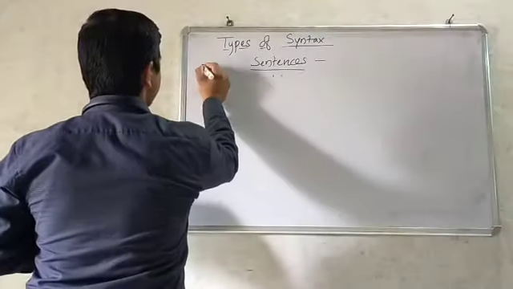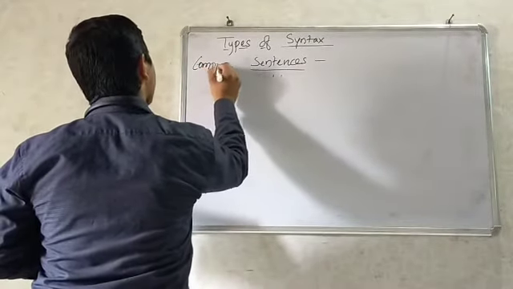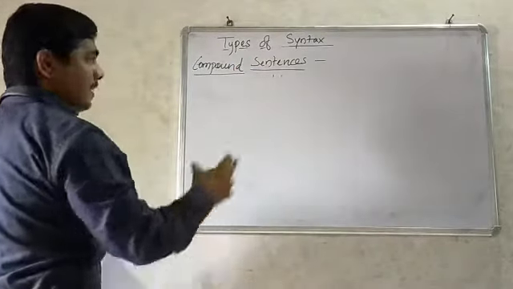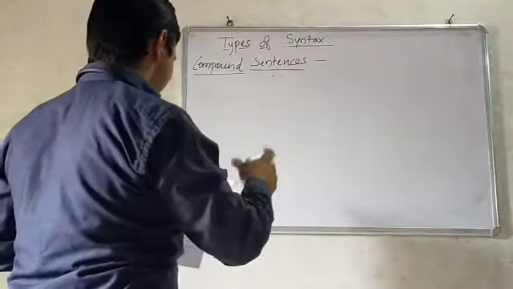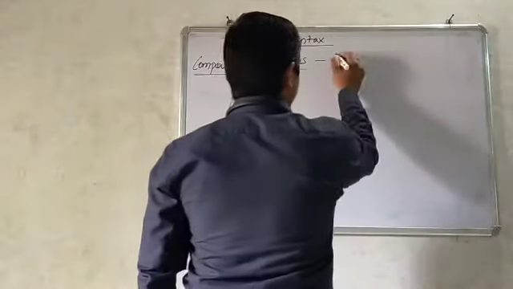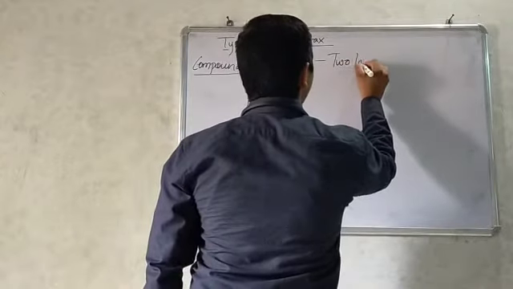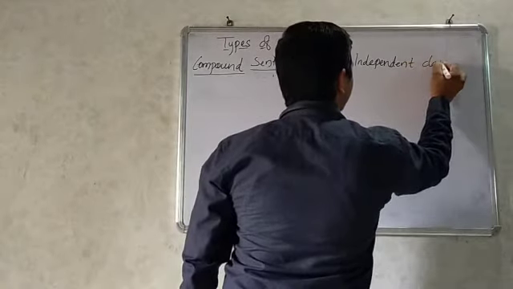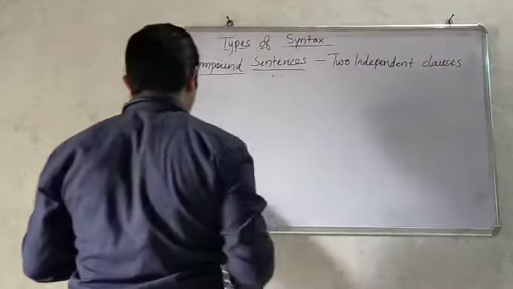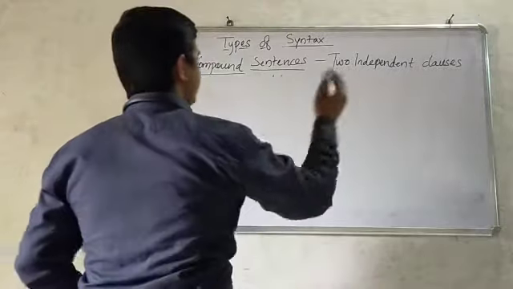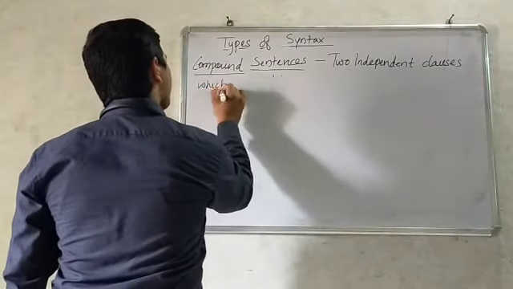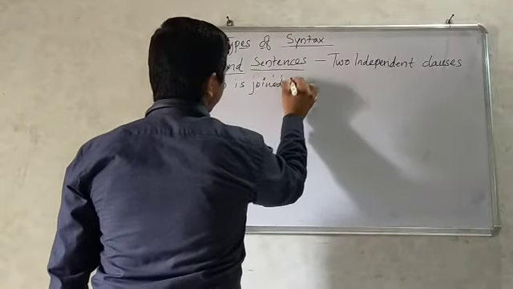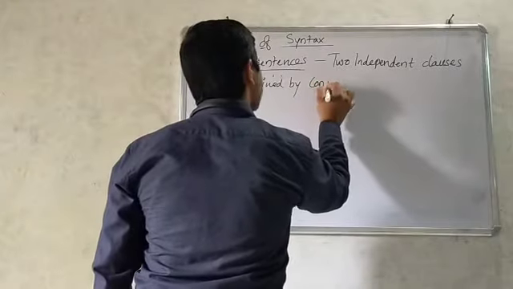Compound sentences. So these kinds of sentences have two independent clauses, which are joined by conjunctions.